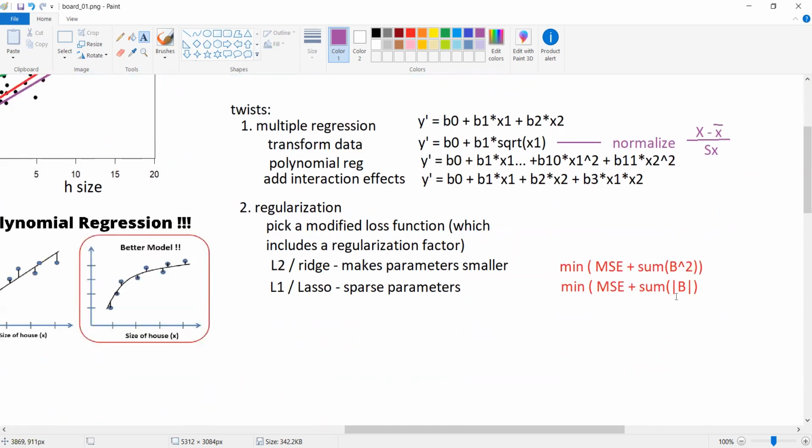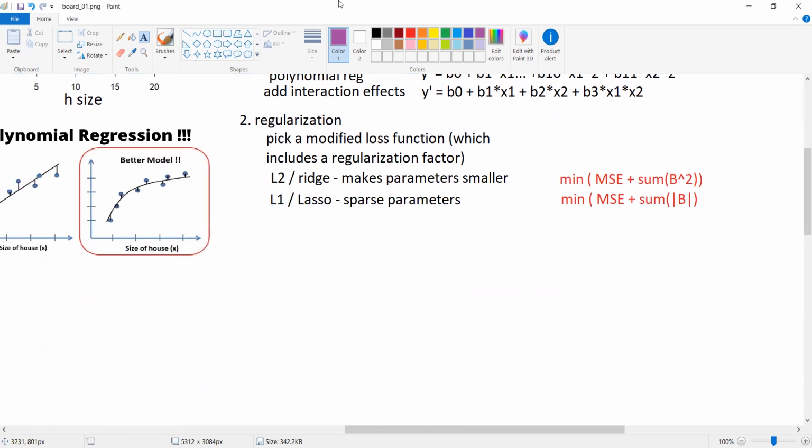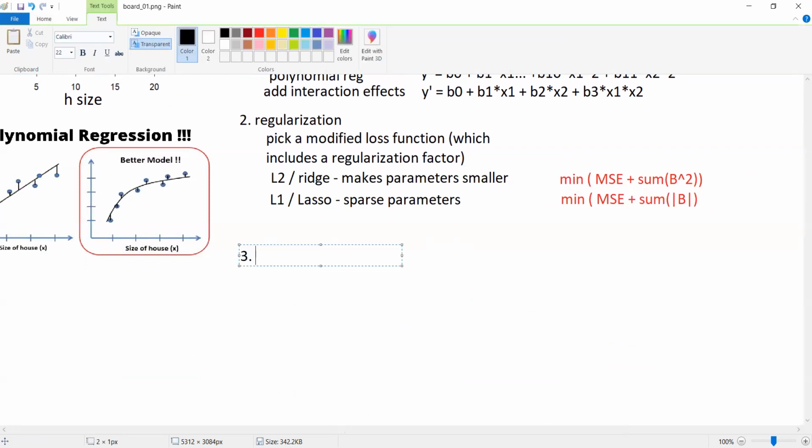Excellent. So we're ready for our third twist. Yeah, are we ready? Yes. I don't know what's going on. It's the first time it's been doing it, and hopefully it will quiet down.